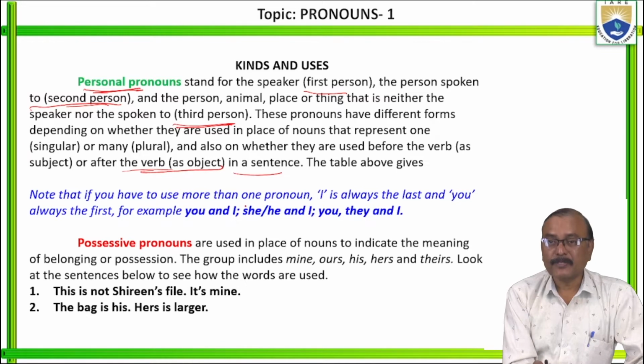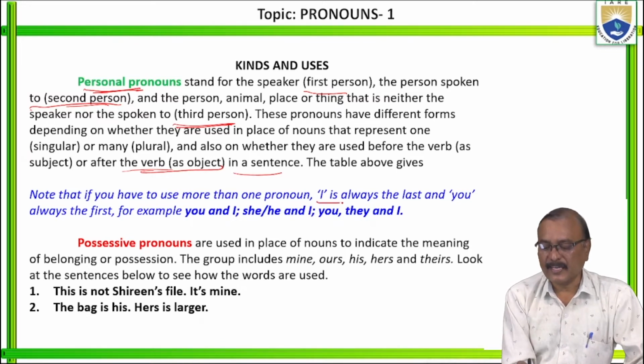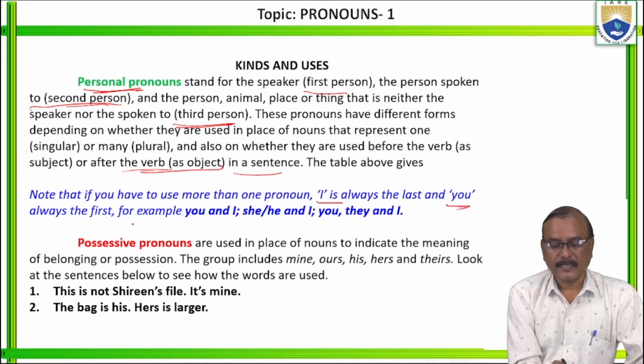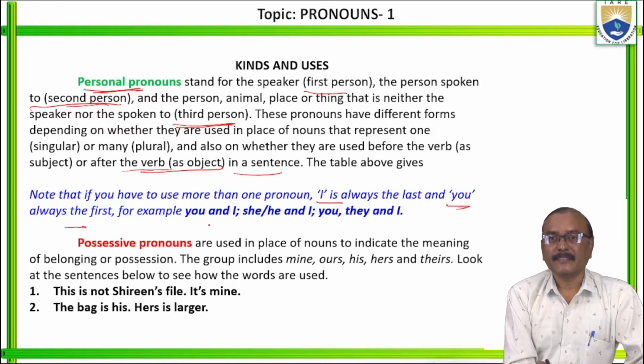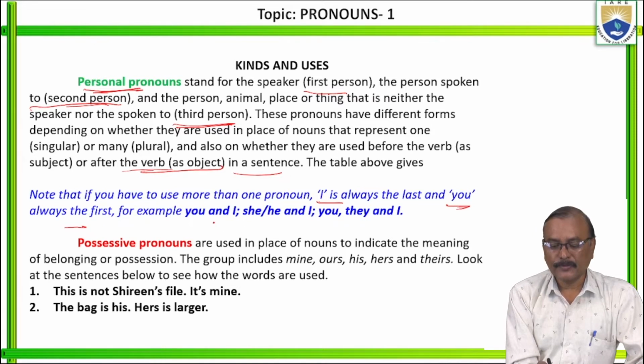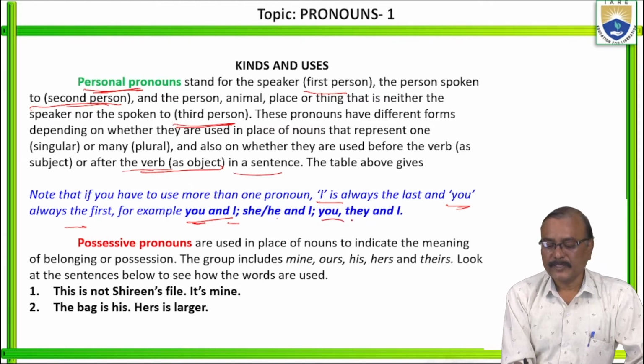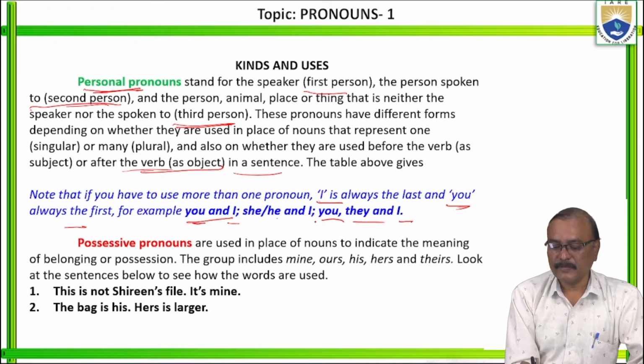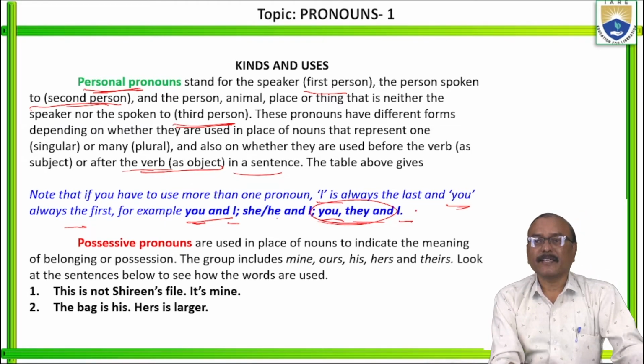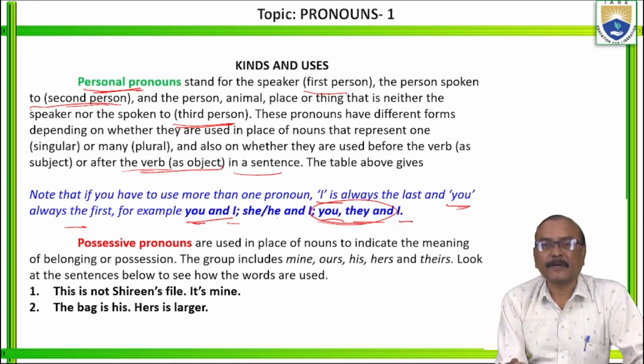Note that if you have to use more than one pronoun in the same sentence, I is always the last and you is always the first. For example, you and I; he or she and I; you, they and I. You have to remember this order within a sentence regarding personal pronouns.